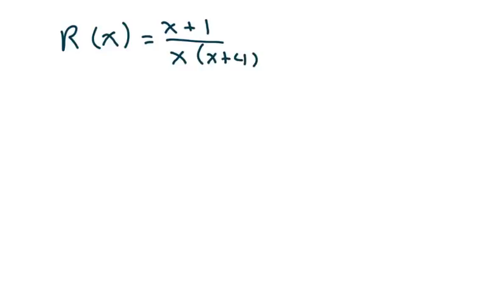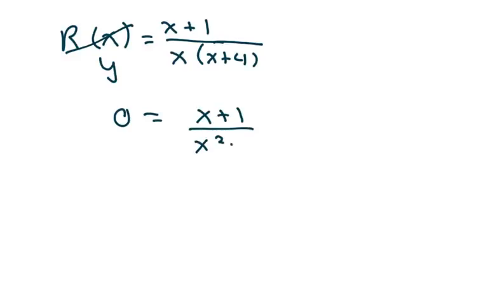Step 2 is the intercepts. So we have R of x equals x plus 1 over x times x plus 4. The x-intercept is when you let y be 0. When you cross multiply, the denominator goes away, so basically we're just setting P of x equals 0.